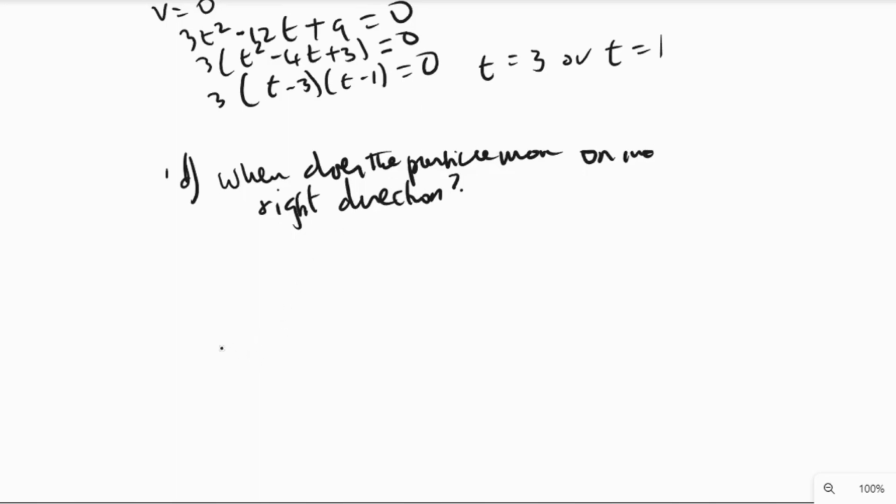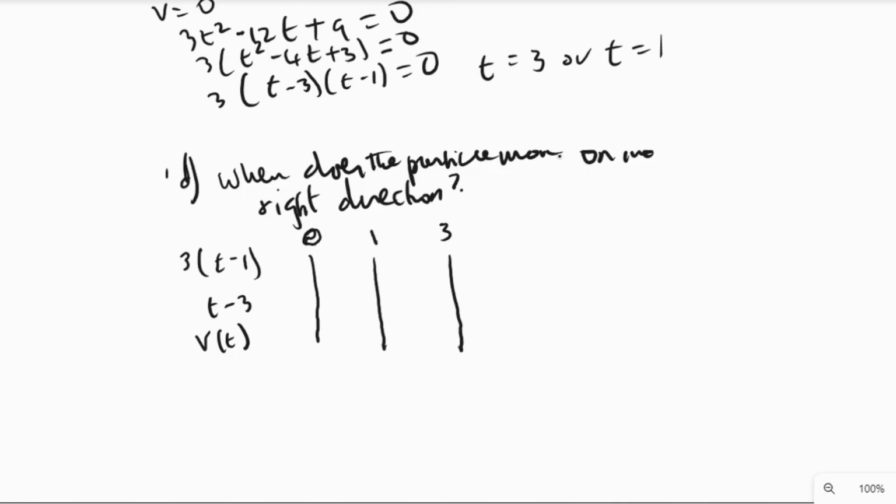Therefore, I have a chart with t minus 1, t minus 3, and we have the velocity. So we have 0 as the starting point, and then we have 1 second, and then we have 3 seconds. I cannot have less than 0 because my domain is always t greater than or equal to 0.